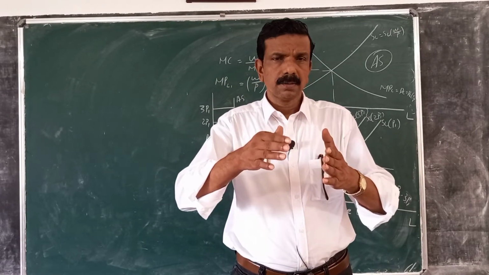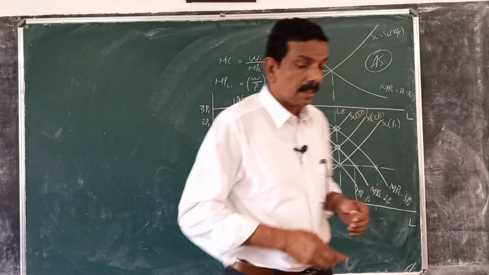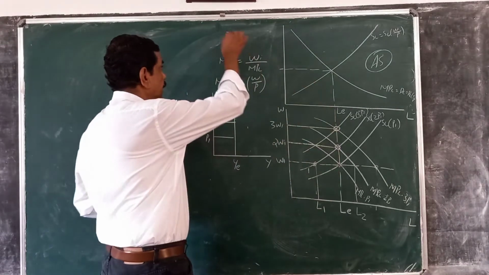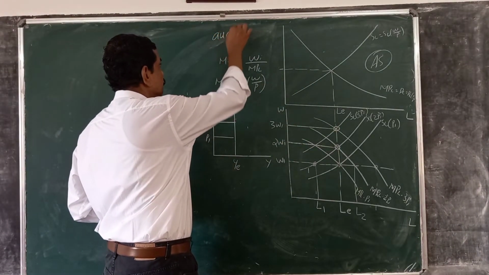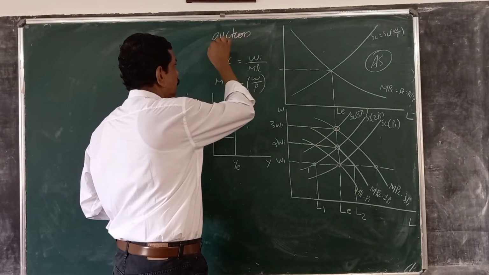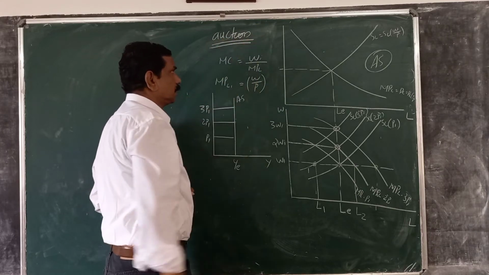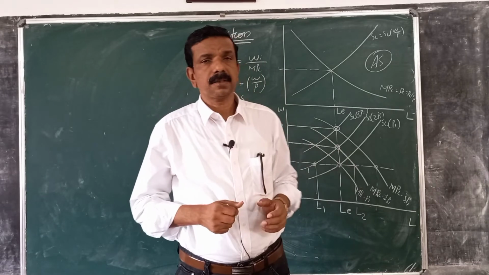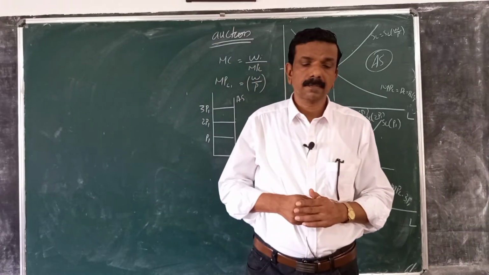And to conclude, the classical model of the labor and product market is characterized by what is known as an auction market.